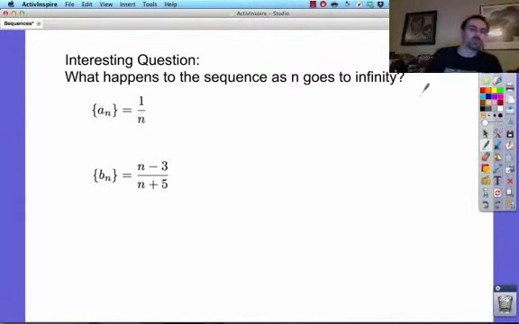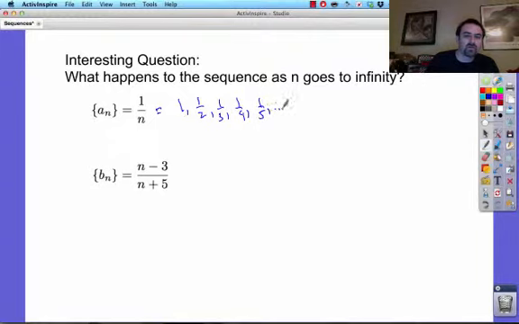So the really important question that we're going to be asking in a calculus context is what happens to a sequence as n approaches infinity. Okay, so we said that this sequence here is 1, 1/2, 1/3, 1/4, 1/5, and so on. We can see right away this is going to 0. We don't have to do much investigation. We can see this is decreasing towards 0.